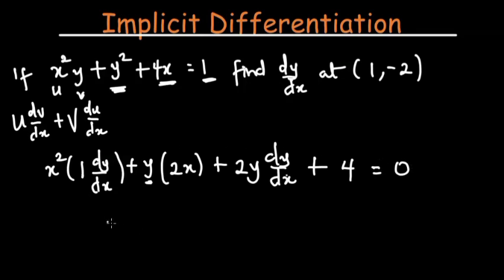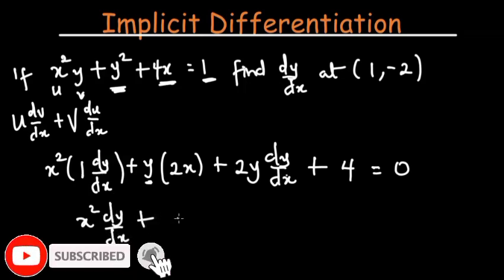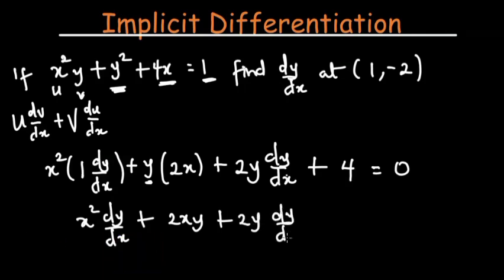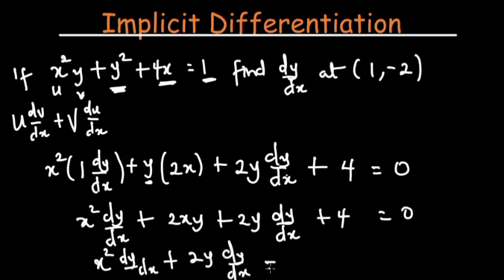And so we simplify and then make dy dx the subject. So this way, x squared dy dx plus 2xy plus 2y dy dx plus 4 equals 0. And so making dy dx the subject, we could first say x squared dy dx plus 2y dy dx is equal to minus 4 minus 2xy.